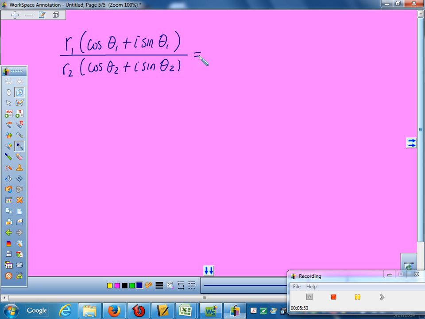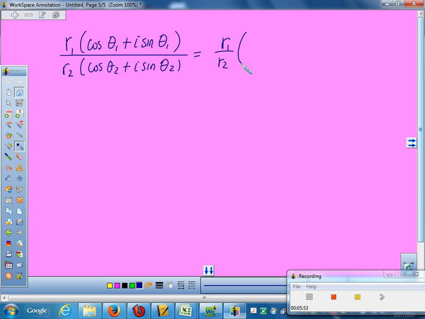What are you going to do to the R's? Divide them. If we multiplied the R's, you're just going to divide them. And then, what are you going to do to the angles? Subtract them. Which one minus which one?